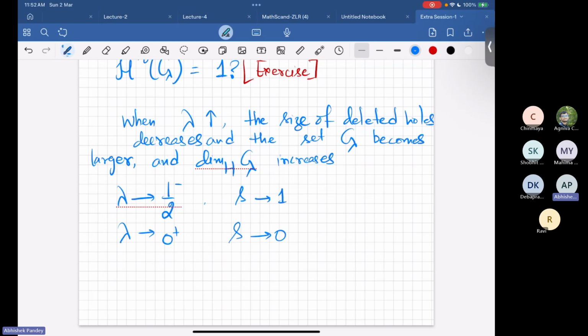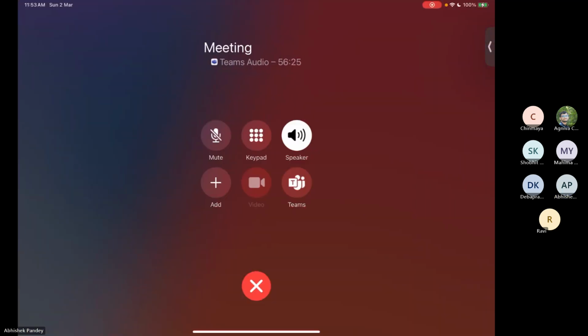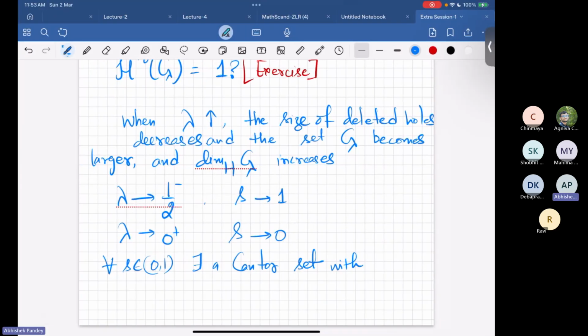It means that for every s belonging to (0, 1), there exists a Cantor set with Hausdorff dimension equal to s.